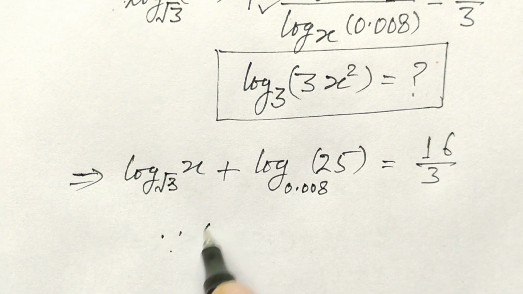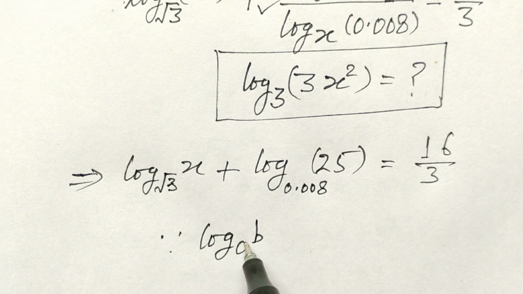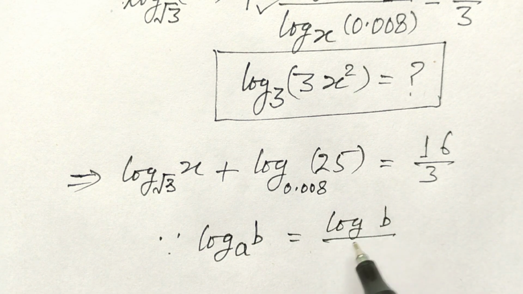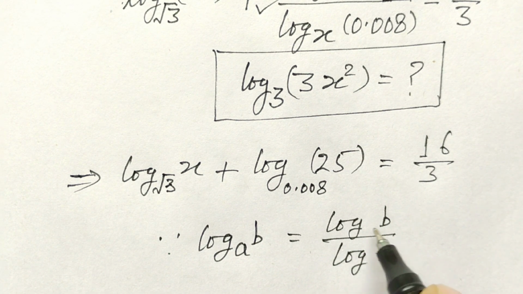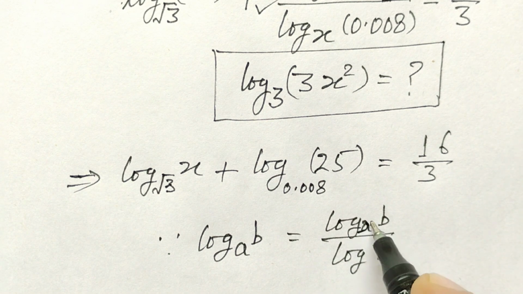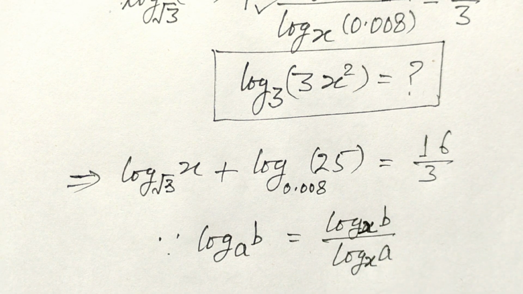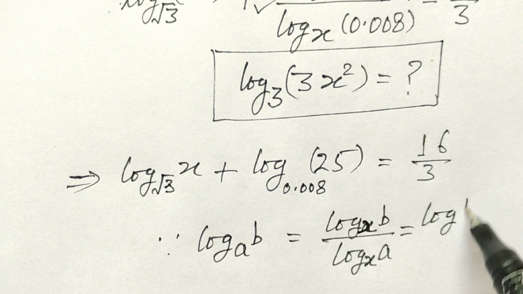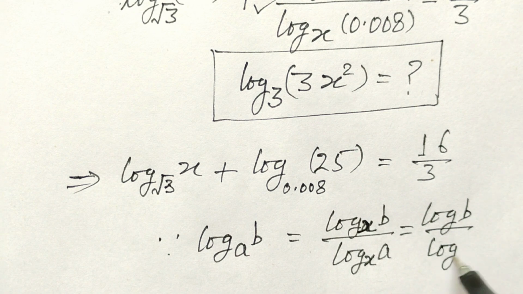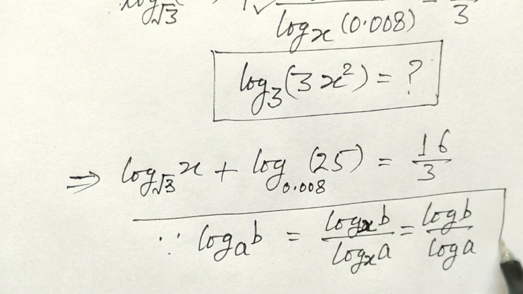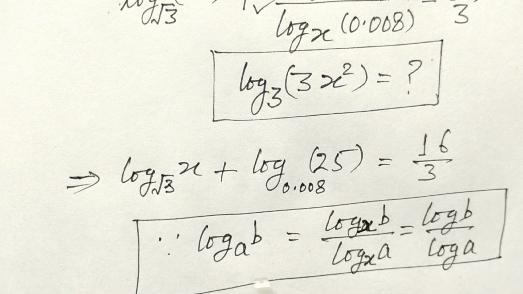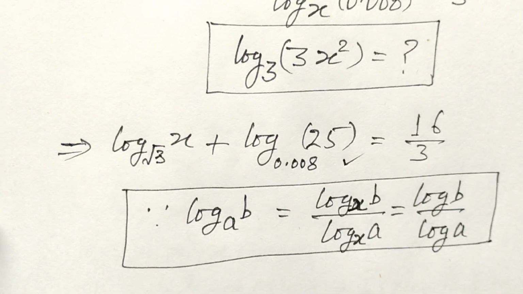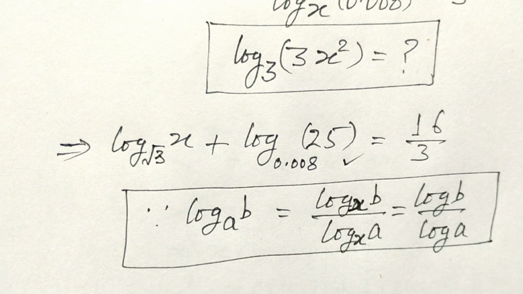Because log of b to the base a is equal to log of b over log of a with a common base, suppose x as the common base. So this changed into this, the law of base change. Okay.